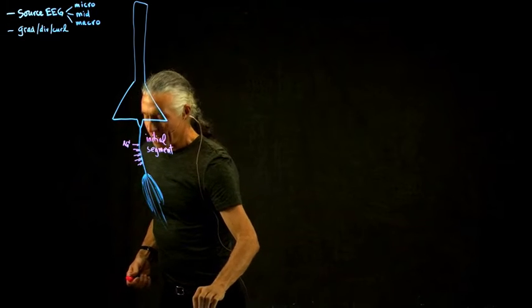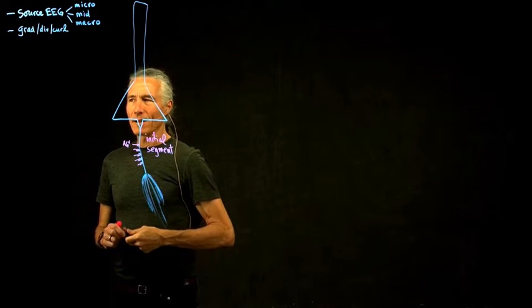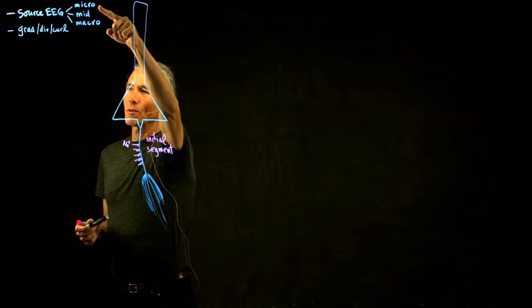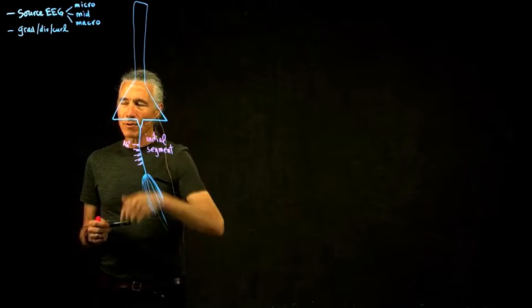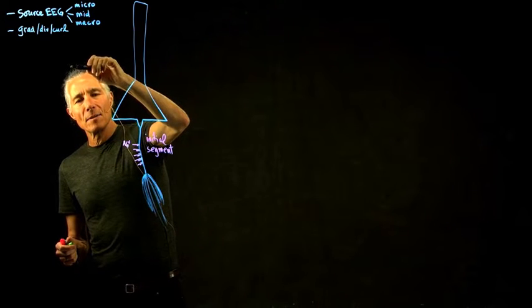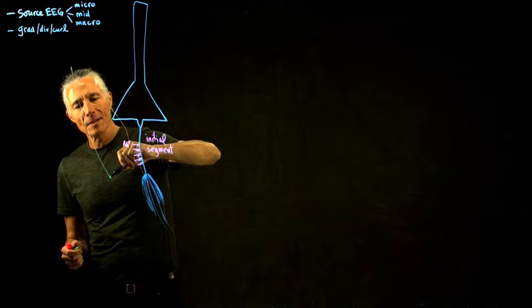One of the ways at a micro level you can record from the brain is to put a microelectrode in, so let's draw a microelectrode approximately to scale.